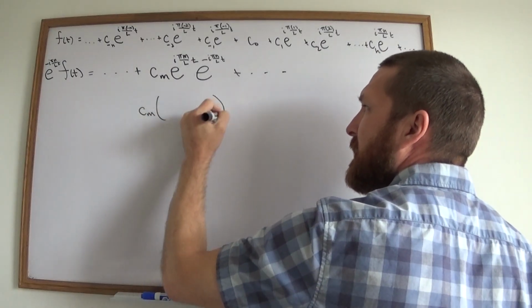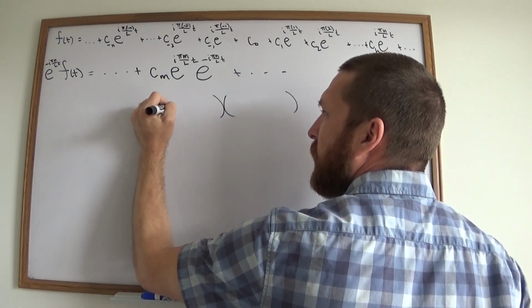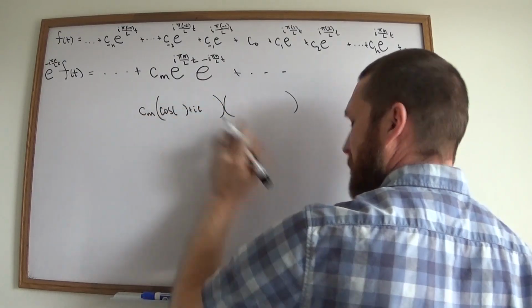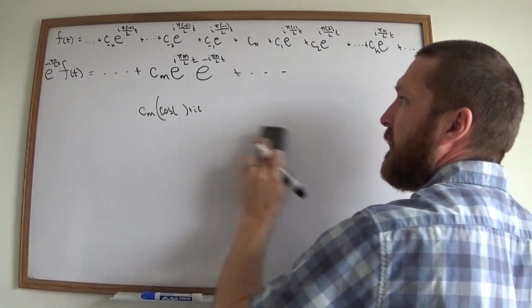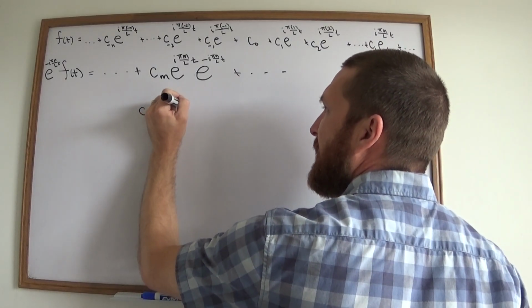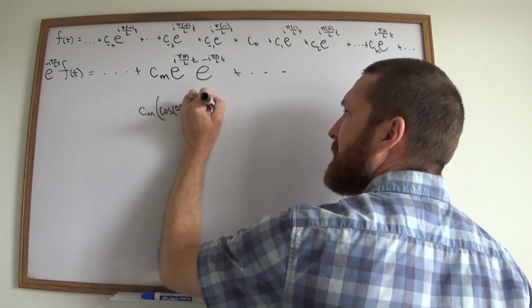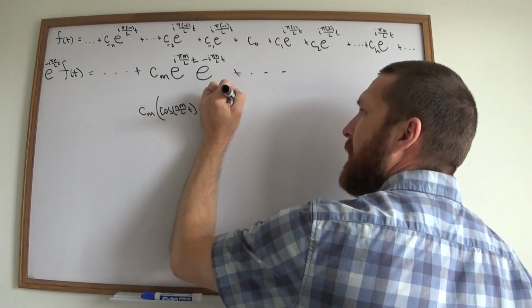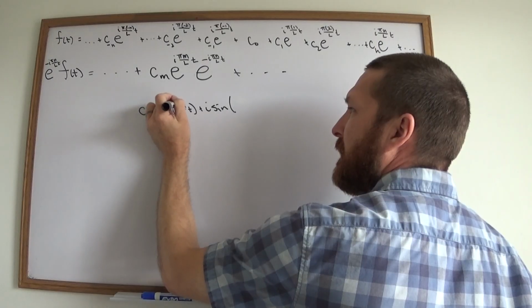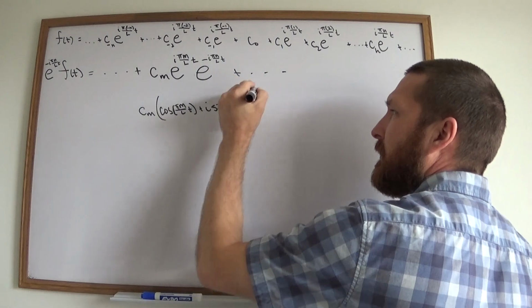This and this we could rewrite thanks to Euler's theorem. Oops, I'm going to give myself a bit more room here. Thanks to Euler's theorem, we could rewrite this as cosine(π m t / L) plus i sine(π m t / L).